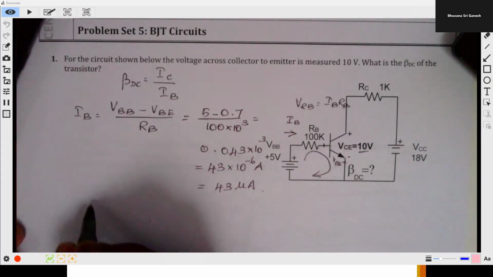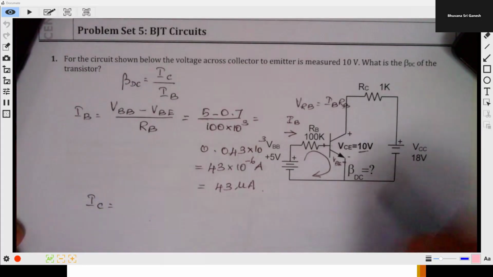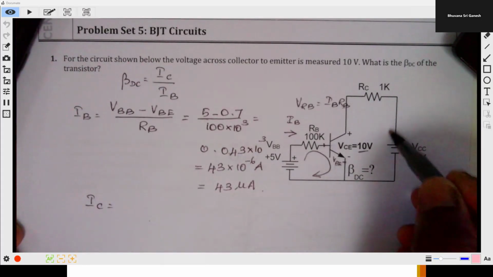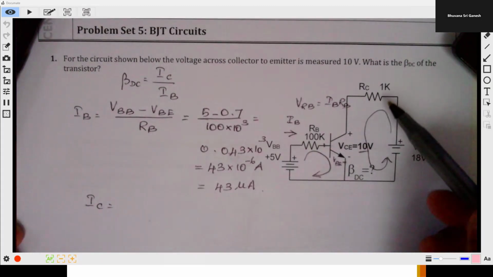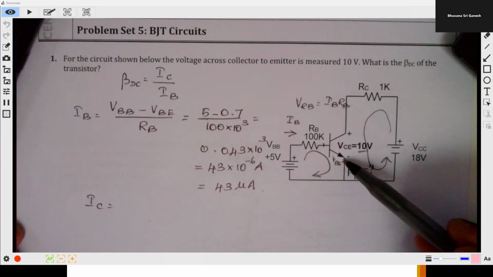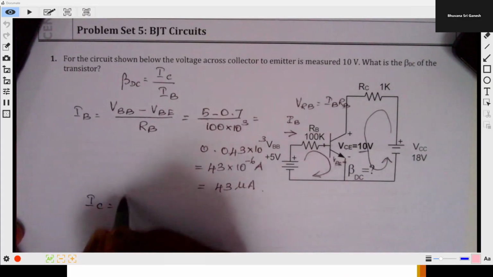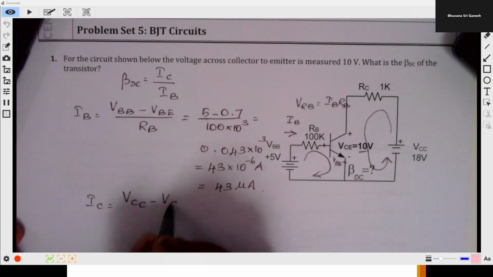IC equals, in this loop, VCC minus VRC minus VCE equals 0. Okay, now IC will be VCC minus VCE over RC.